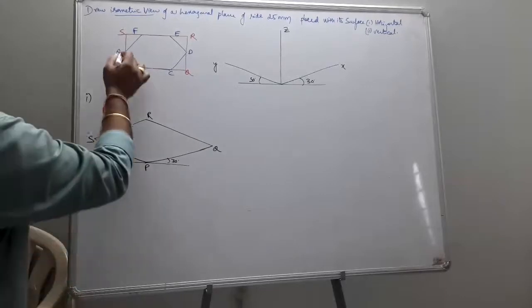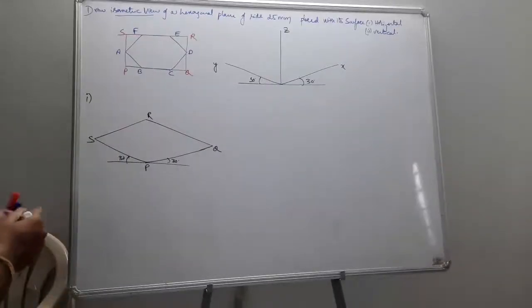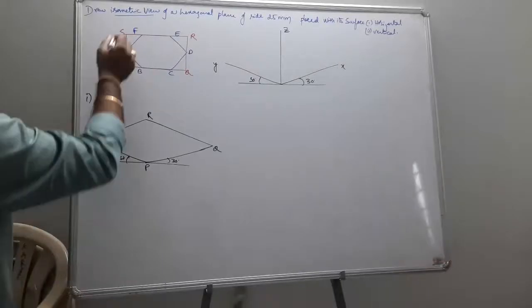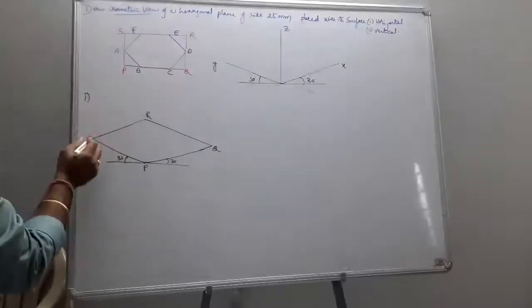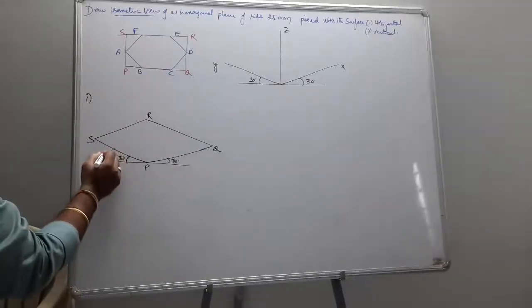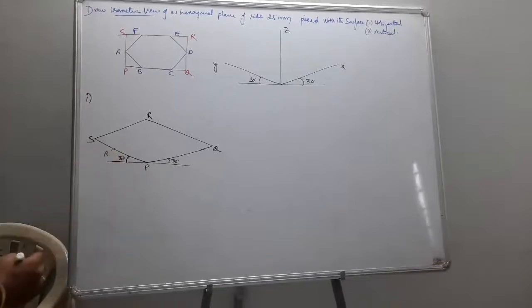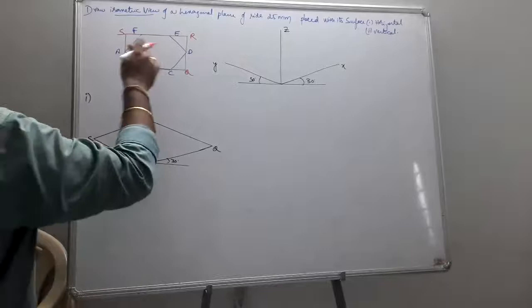Okay. Now let us see where your A point is. A point is in between S and P. So S as center, SC as radius, draw an arc to obtain your A. Okay.